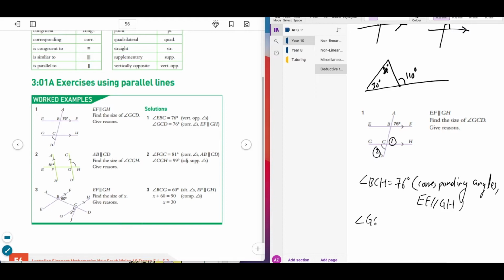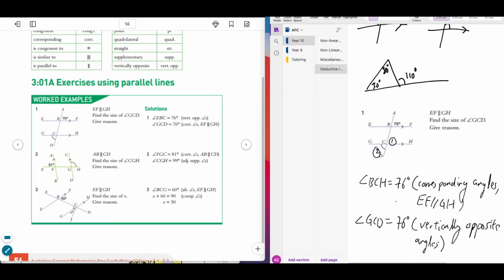Angle GCD is equal to 76 degrees. And what's the reason? Well, the vertically opposite angles, right? So then you say vertically opposite angles. So that's how you would do a question like this.